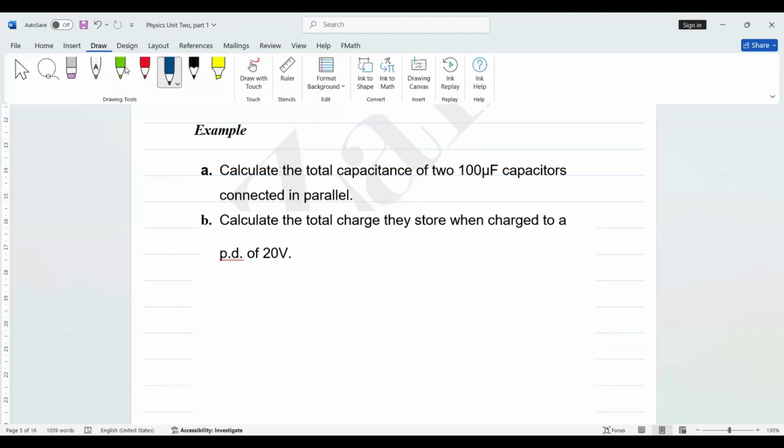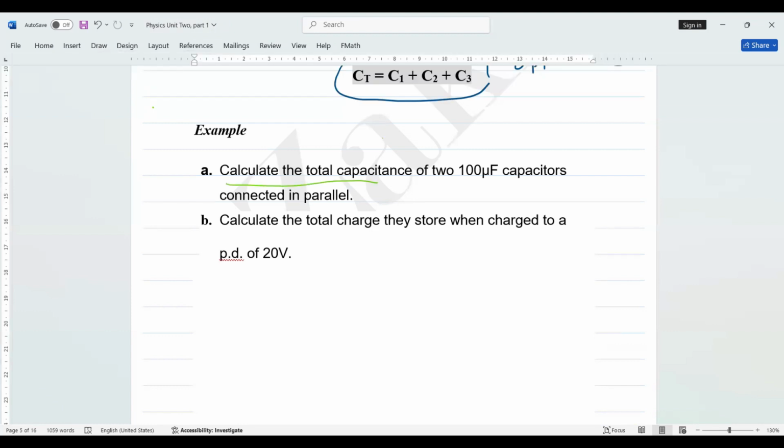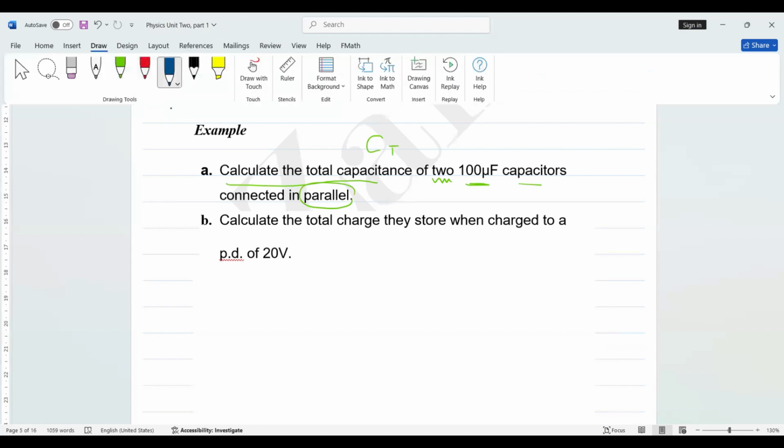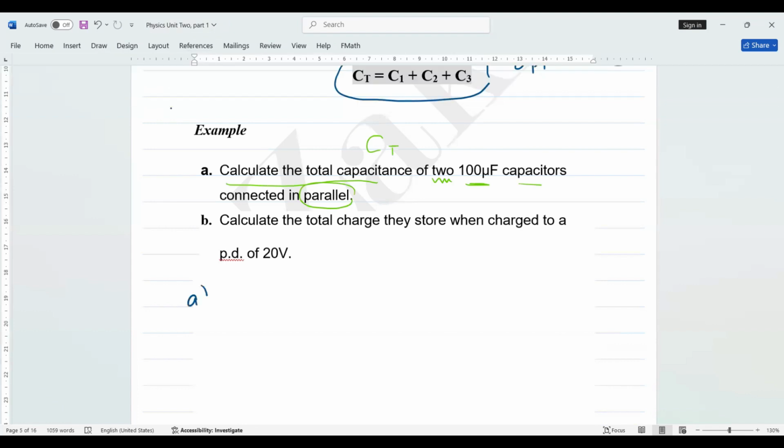Okay, we read the question. Calculate the total capacitance. We need C total of two 100 microfarad capacitors connected in parallel. Here we don't convert to farad. I advise you, it's easier.